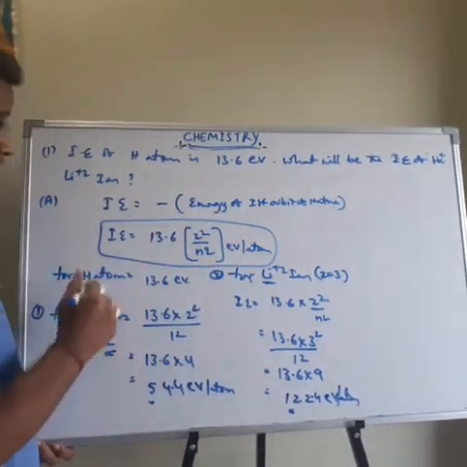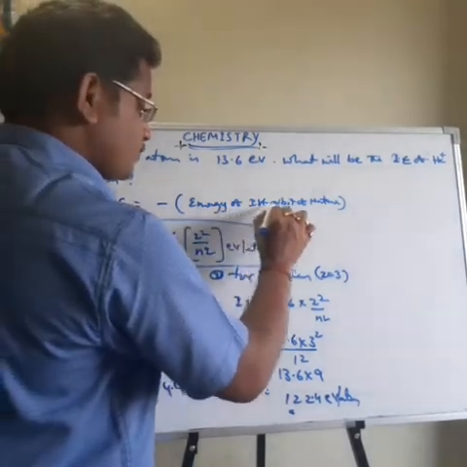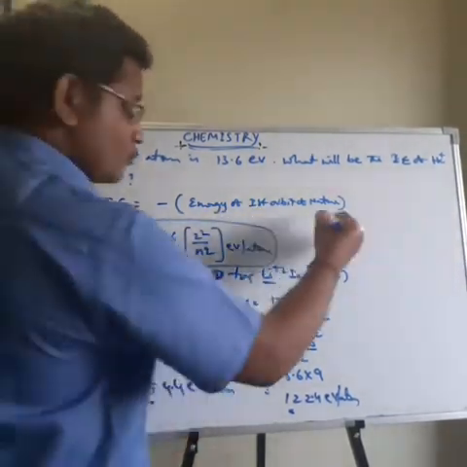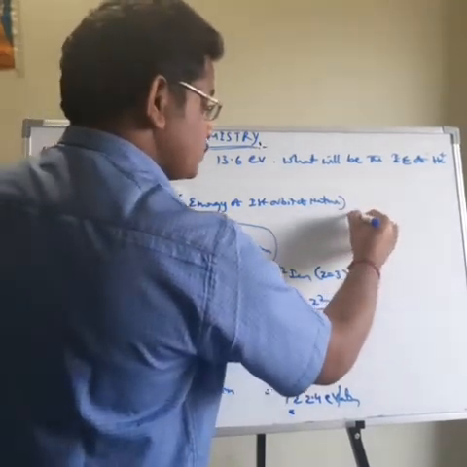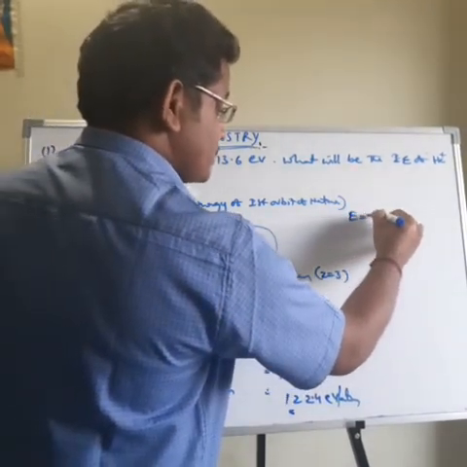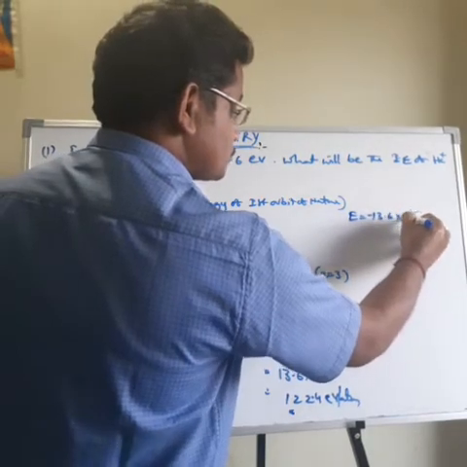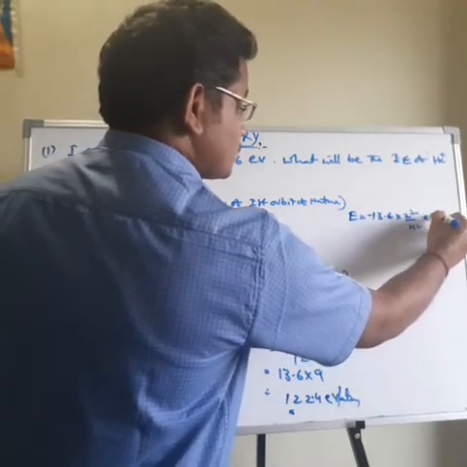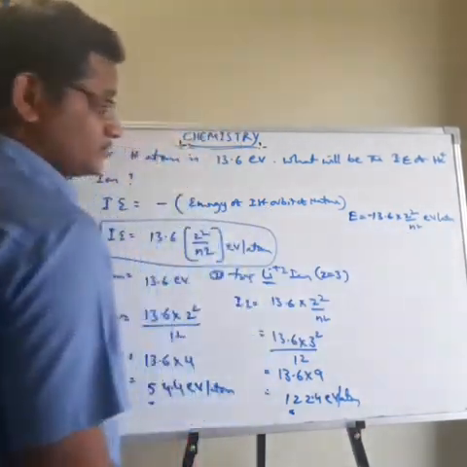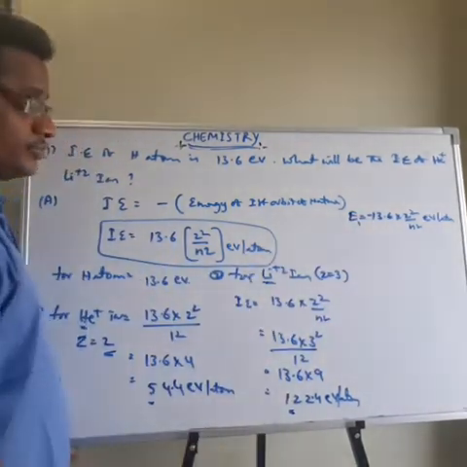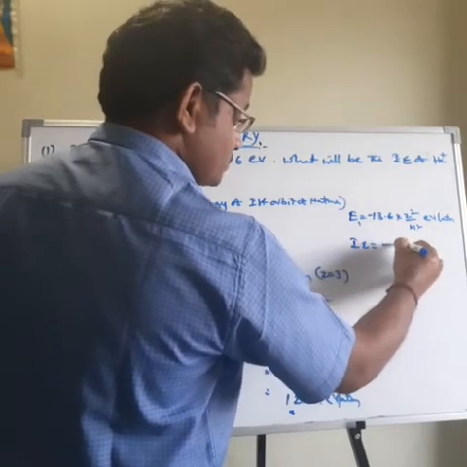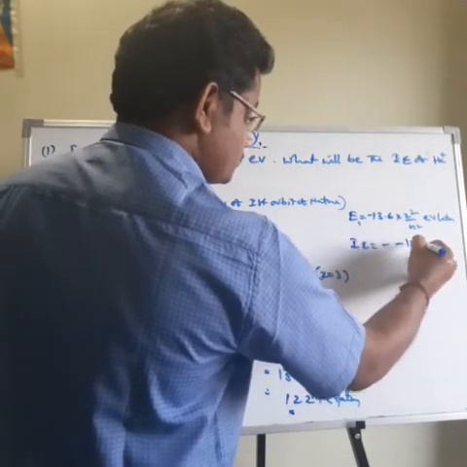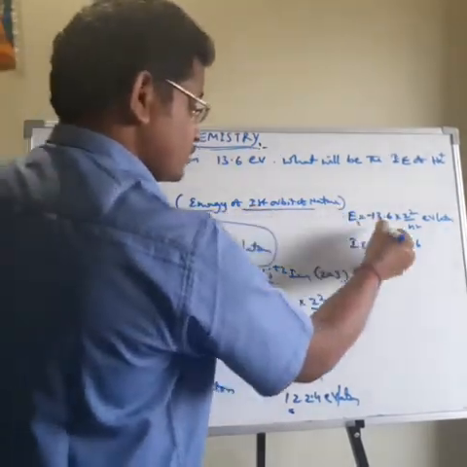See the first one. First, the energy of the first orbit of hydrogen atom. What is the energy of the first orbit of hydrogen atom in electron volt per atom? So energy is equal to what I told, minus 13.6 into Z² by n² electron volt per atom formula. Ionization energy is equal to minus of the energy of the first orbit of hydrogen atom.